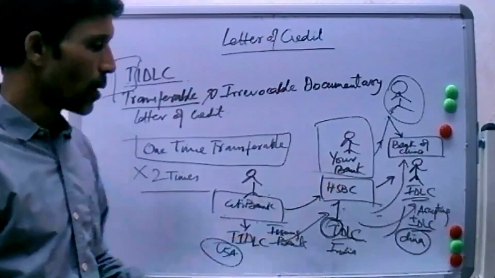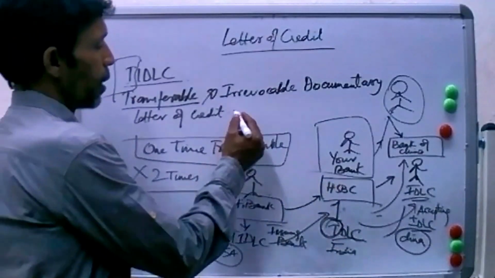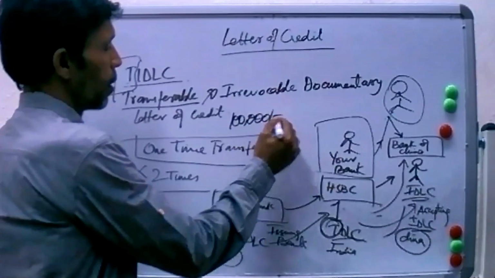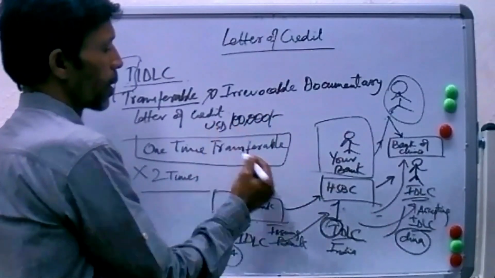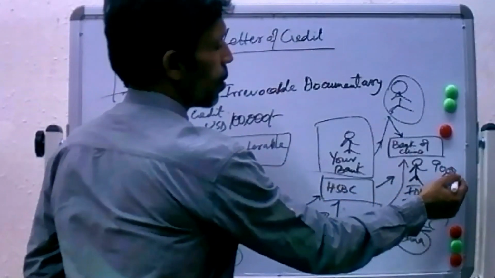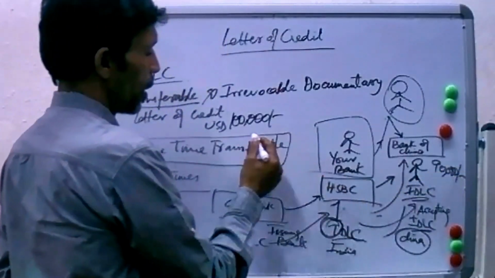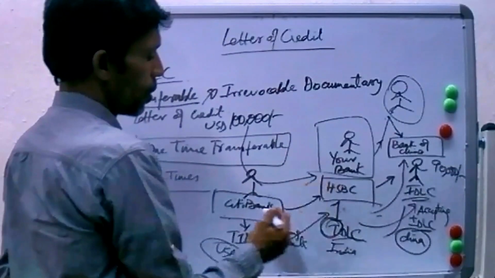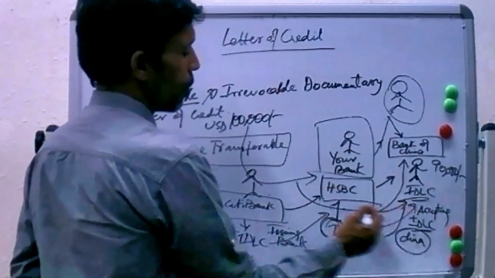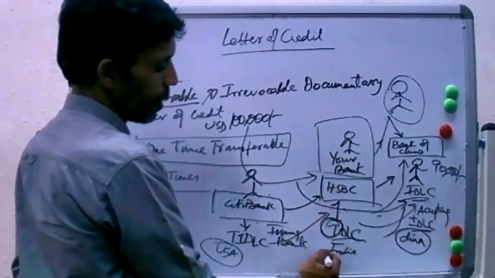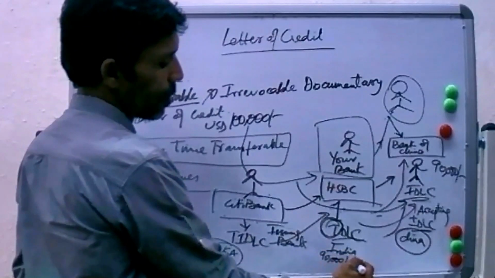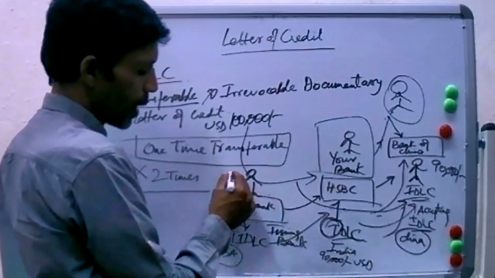Let us say the LC was for 100,000 USD, and the supplier cost is 90,000. So when it was issued to you, you need to prepare another LC. Your bank will prepare another LC for 90,000 USD based on this LC.